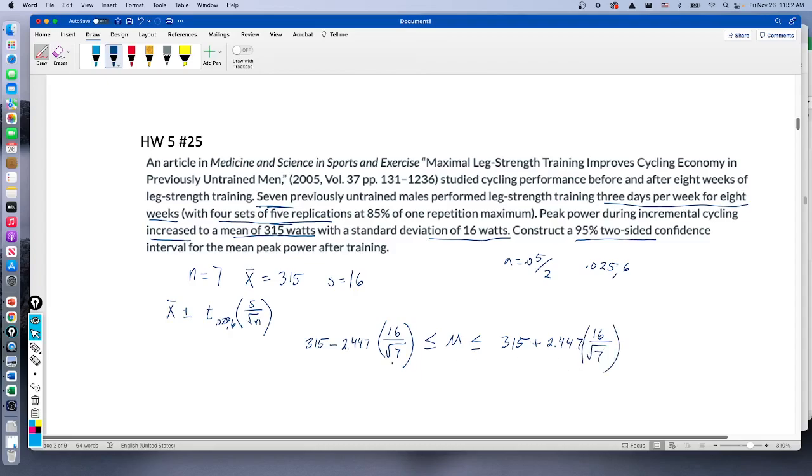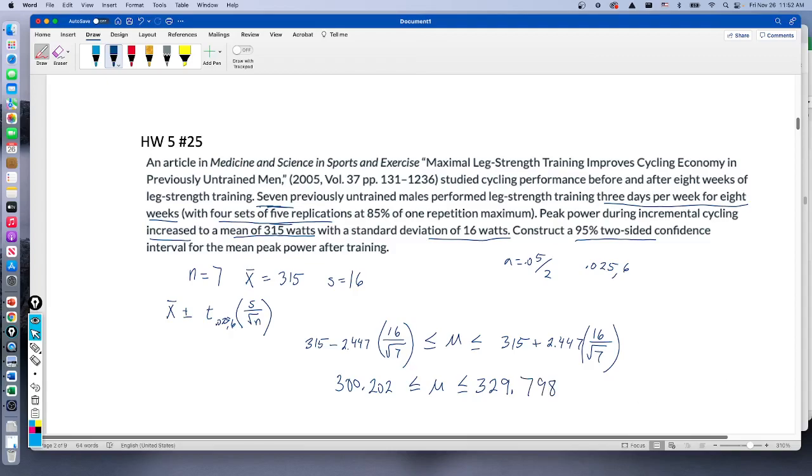And we just multiply these out and then subtract from 315. What we end up getting is 300.602, which is less than or equal to mu, which is less than or equal to 329.798.